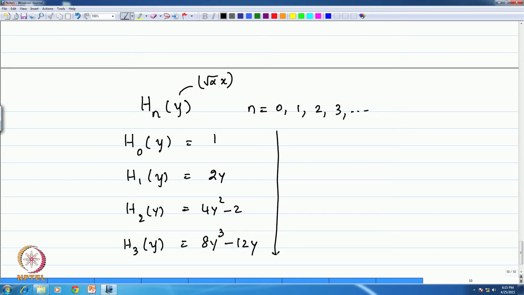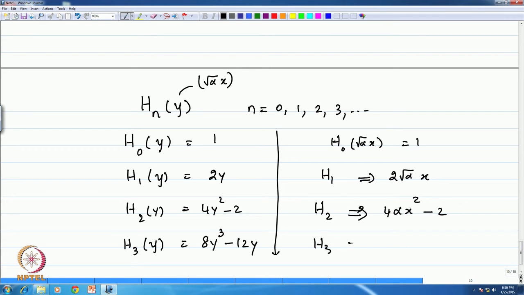In terms of root alpha x, H0 is 1, H1 is 2 root alpha x, H2 is 4 alpha x square minus 2, and H3 is 8 alpha to the 3 by 2 x cube minus 12 root alpha x, and so on.